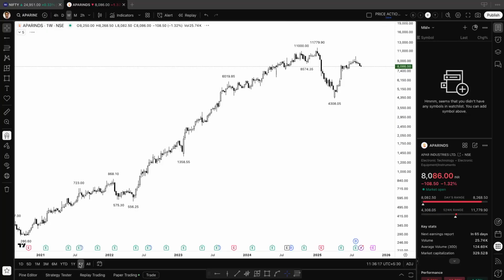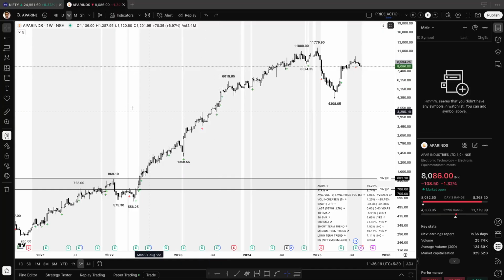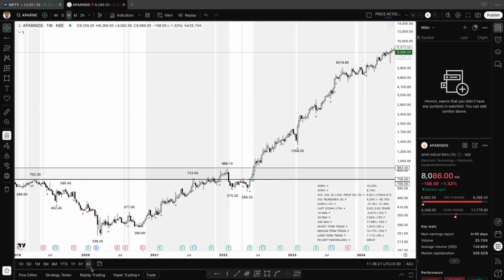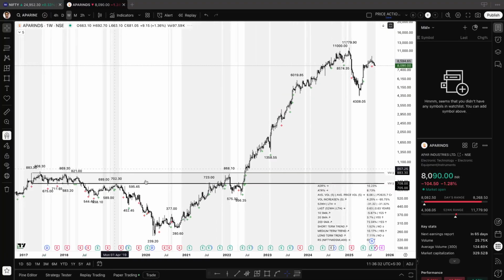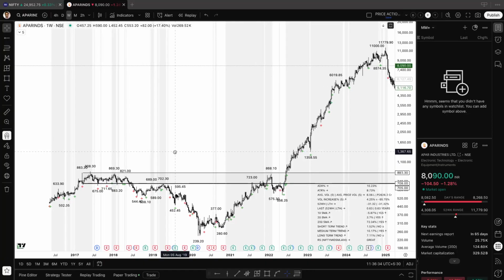Okay, so in the past if I show you the VIV zone on the weekly chart from where a power industry started a huge run, this was generated here a long time back. This VIV zone was generated in March 2017.